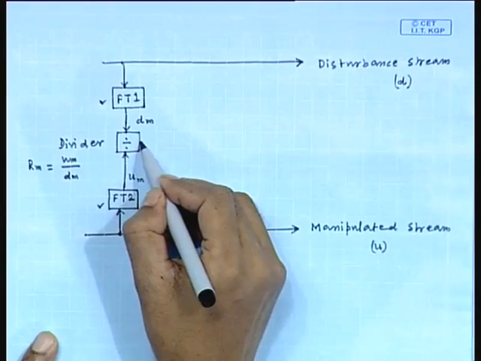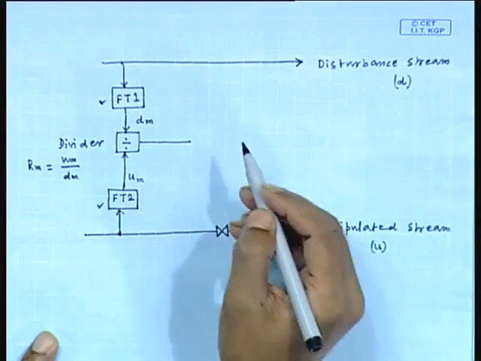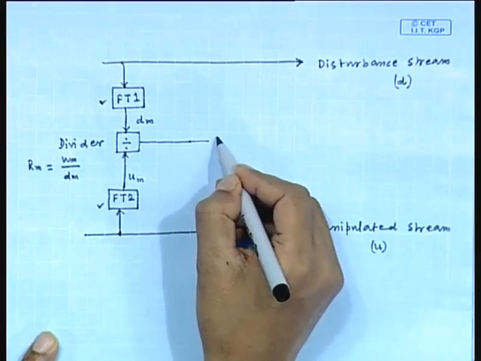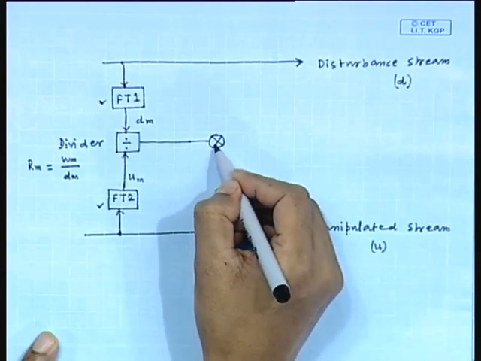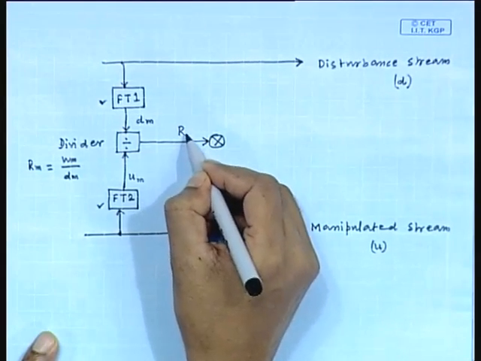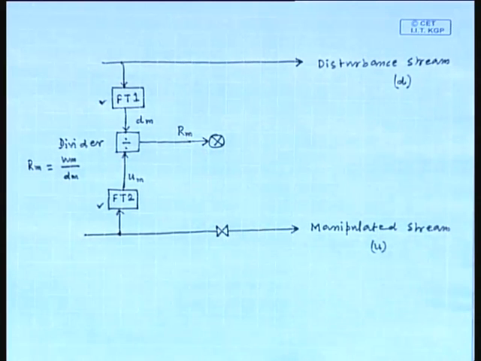So, the output of this divider is basically R suffix m, the measured ratio. Fine.